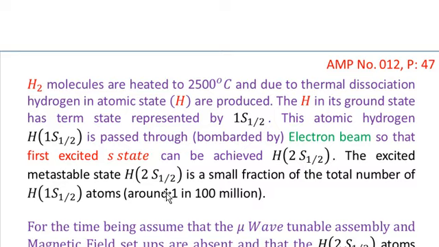The excited metastable 2s1/2 atoms are a small fraction of the total number of H 1s1/2 atoms, around 1 in 1 million. So the 2s1/2 atoms produced by the bombardment of the electron beam are about one millionth of the actual number of 1s1/2 atoms.